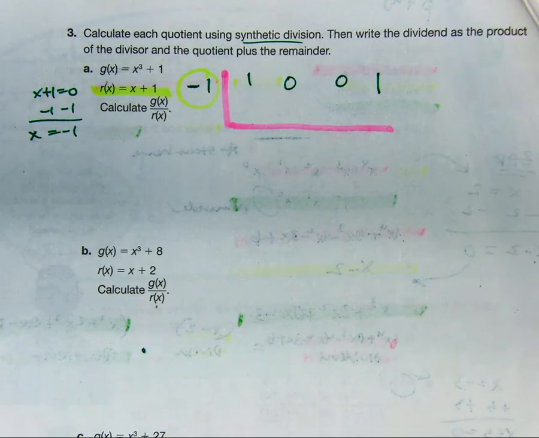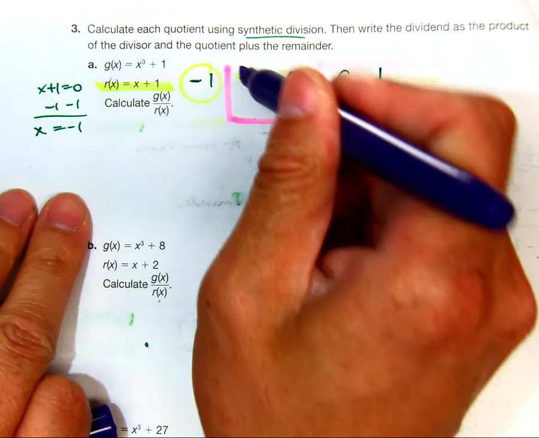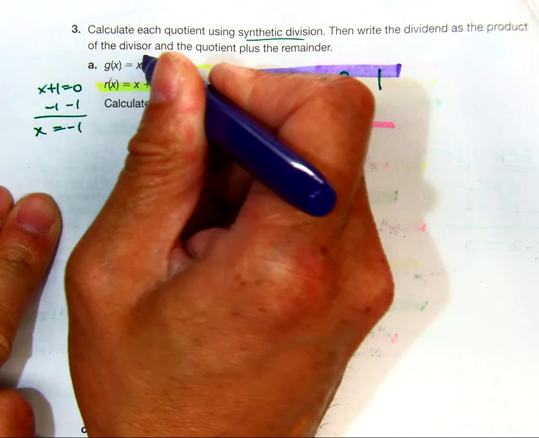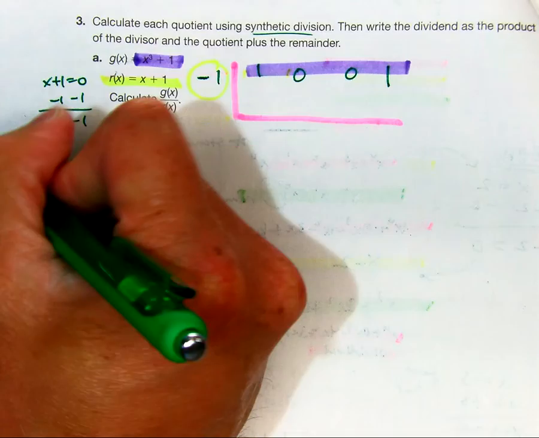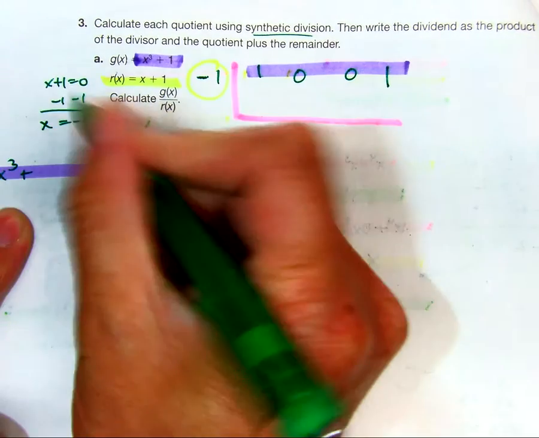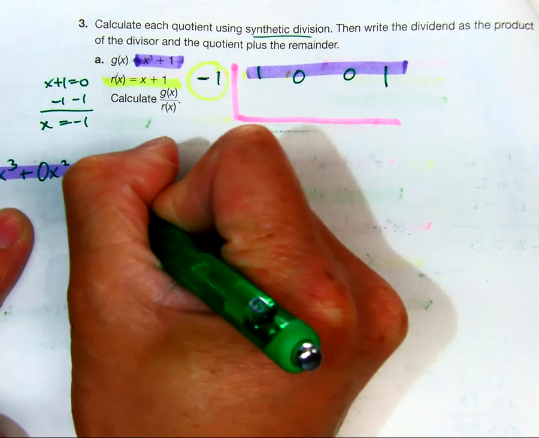Raise your hand if you got that. Remember, these numbers come from the coefficients of this equation. If you write out x cubed, John recognizes that there are 2 placeholders.